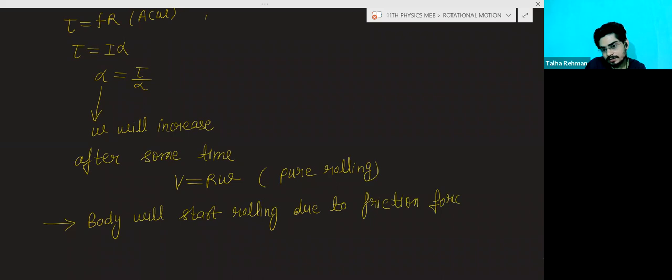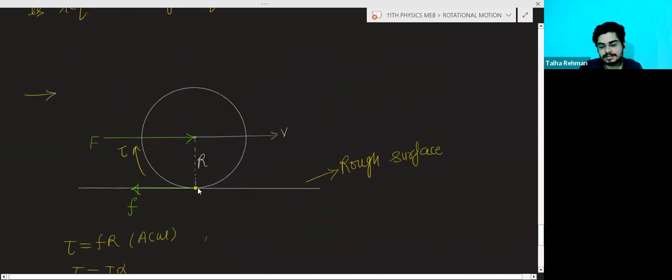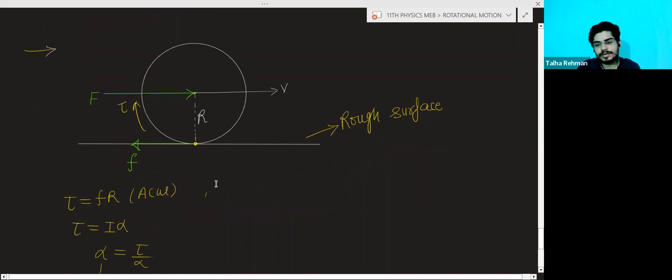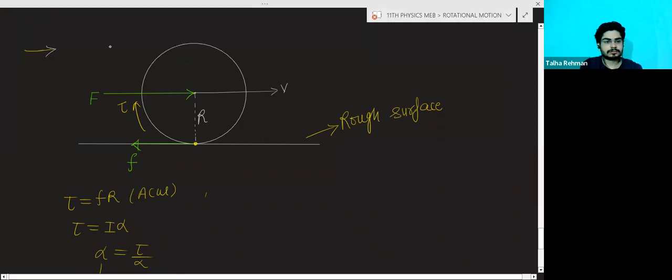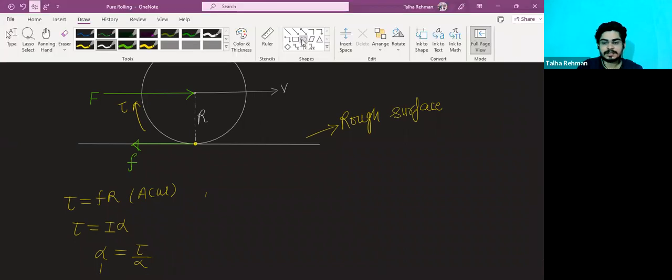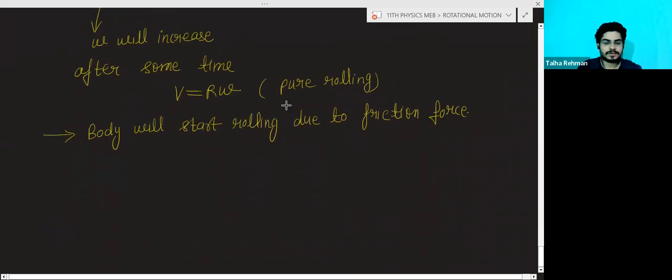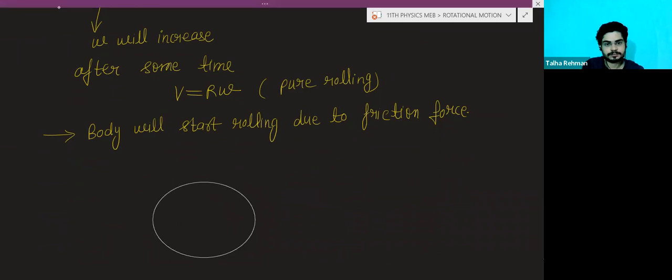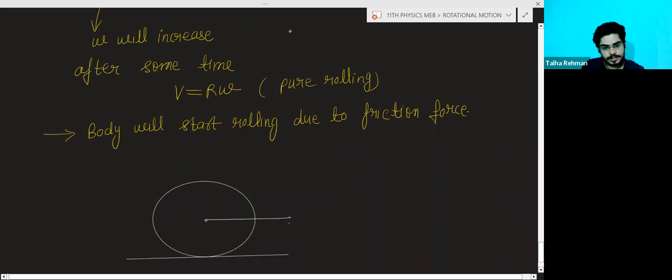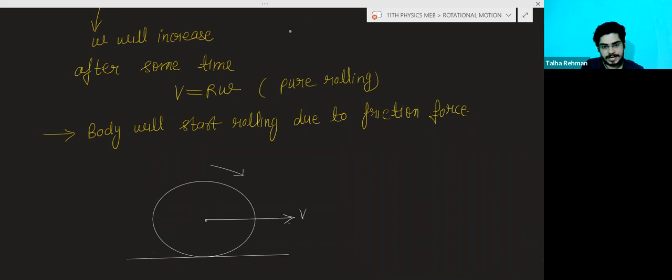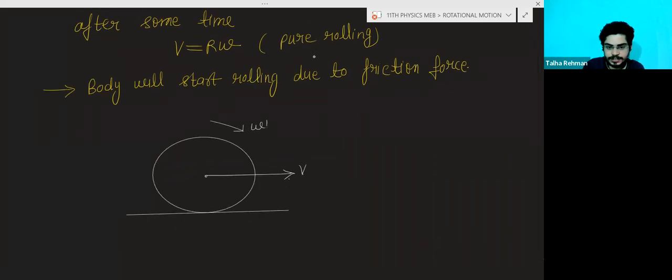But we know that in rolling, the point of contact will be at rest. For example, suppose I am taking a condition after some time. This is the body, and this body has the velocity of the center of mass in this direction, and the angular velocity omega dash after some time, and the velocity v dash.